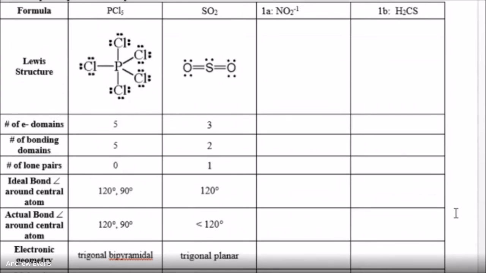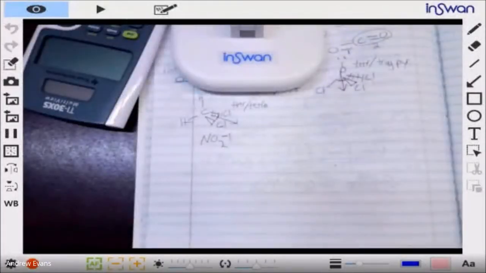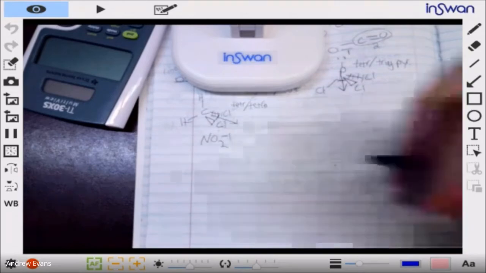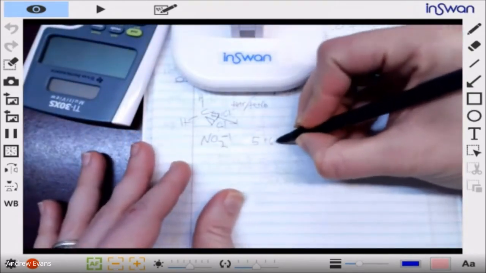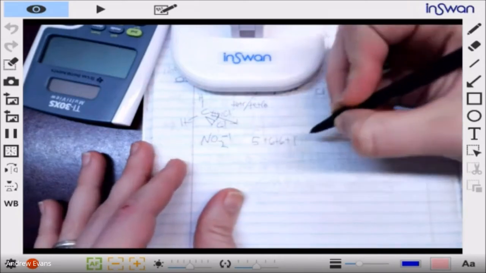1A, NO2 1 minus. So let's draw the Lewis structure of this guy. Now I can do the rest of this stuff by heart. NO2 1 minus: N is 5, O is 6, there's 2 O's and then 1 extra electron.